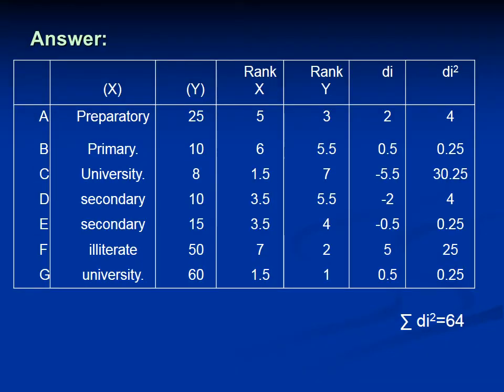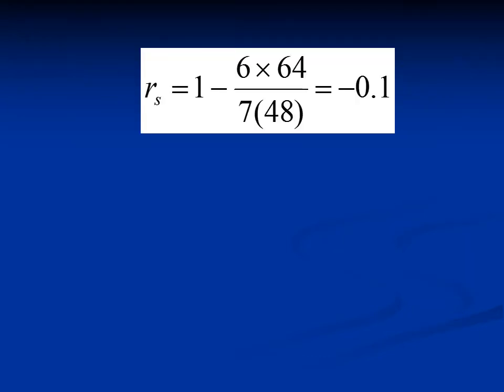You're going to see in the table, you find the difference di between those ranks, and then you square those differences, and that will give you the summation of di squared, which you use in your formula, and get the answer for Spearman's rank correlation.